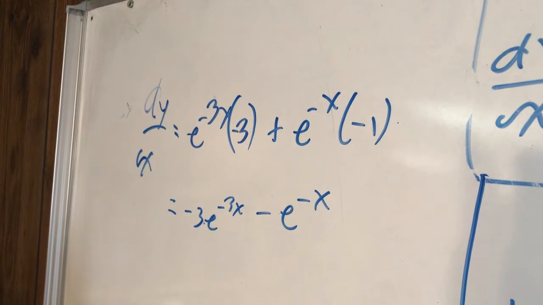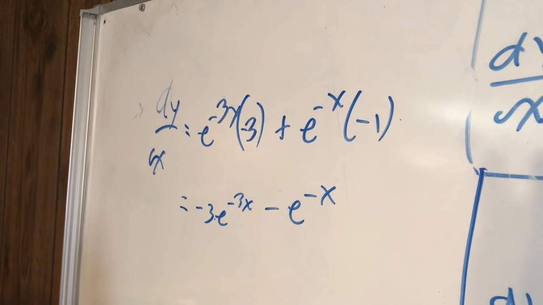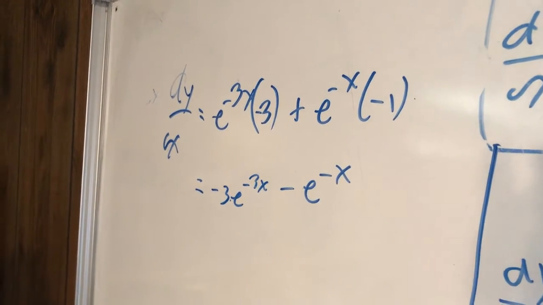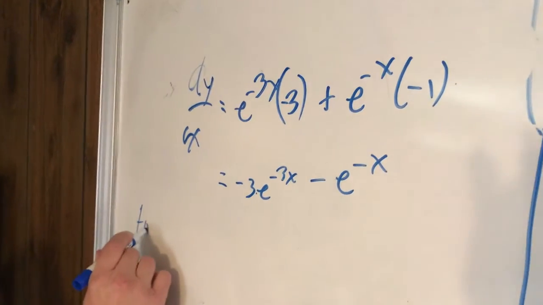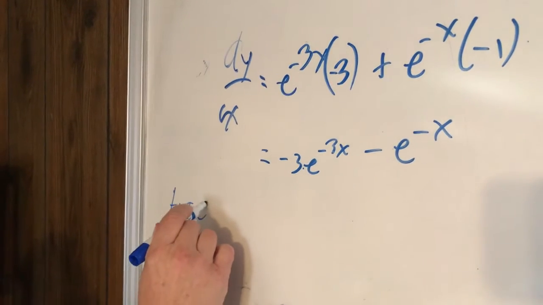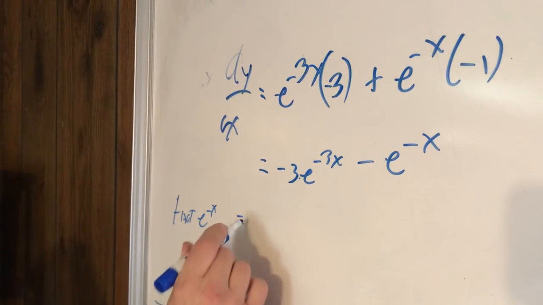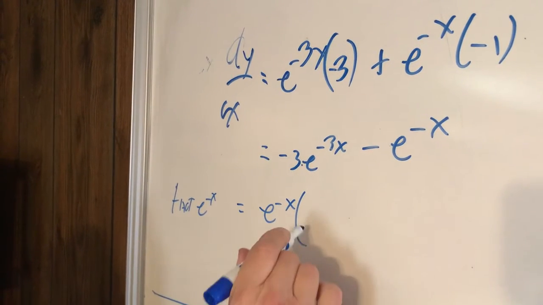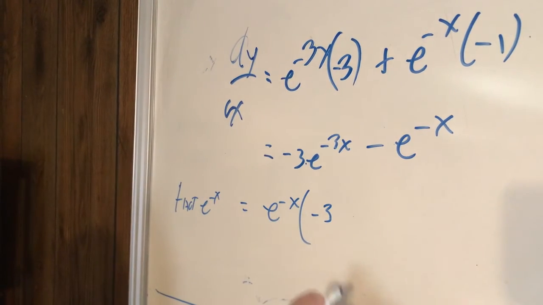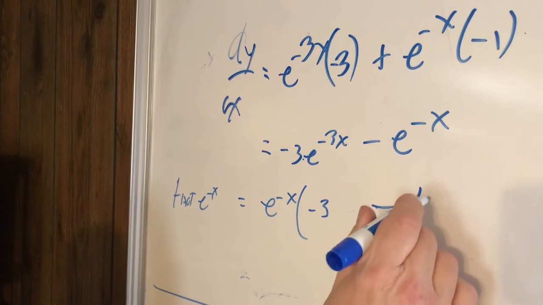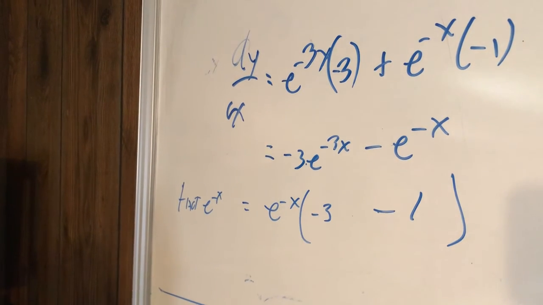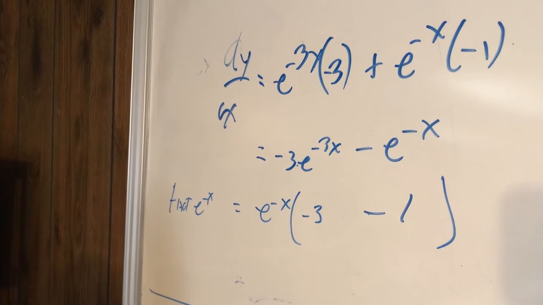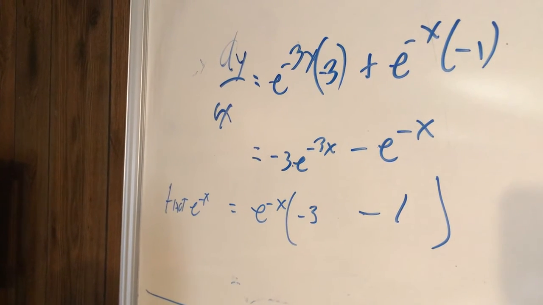Now, could we reduce that? Well, I could factor out an e to the minus x if you want, just showing you how the mathematics works. That would be e to the minus x out here, which gives you minus 3, and there's going to be minus 1 here, because I took it out. Now, what e to the minus x times what gives you e to the minus 3x?